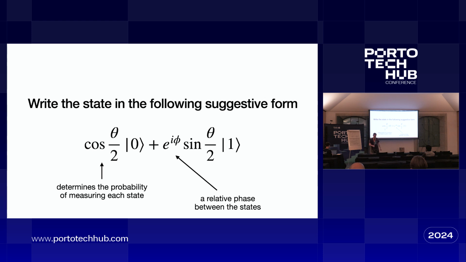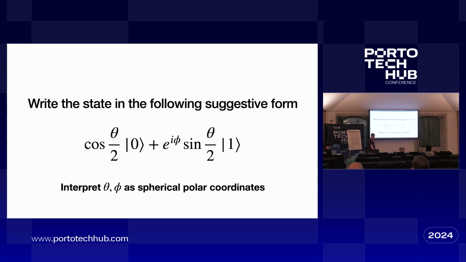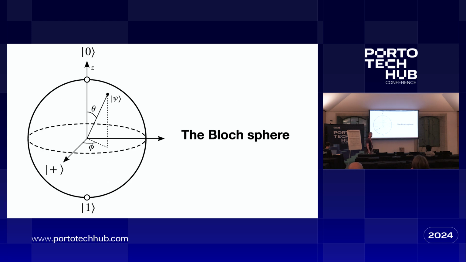Now, this should look like polar coordinates of something. And indeed it is. The geometry of a qubit state is a sphere. Actually, I'm sweeping one little wrinkle under the carpet.